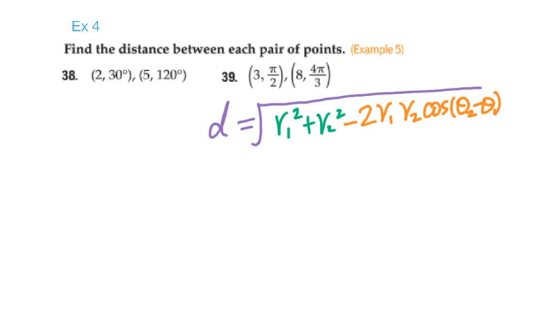Remember, it doesn't matter if we do theta 2 minus theta 1 or theta 1 minus theta 2, because cosine is an even function.